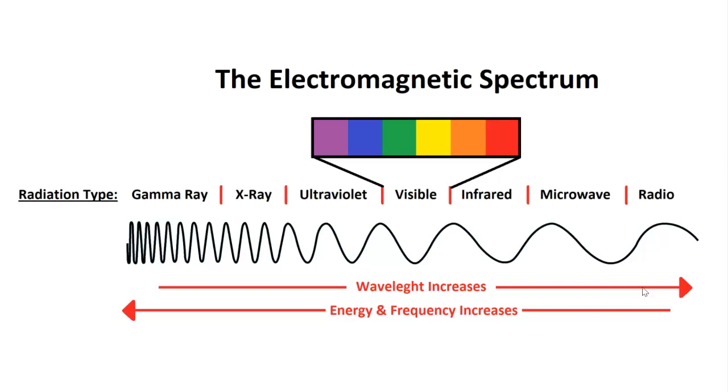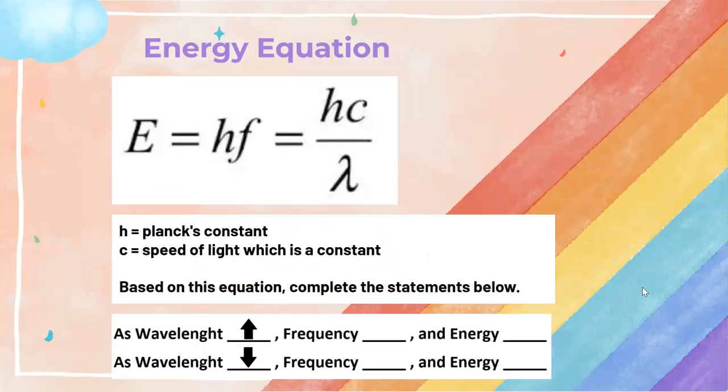After visible light, you have infrared, microwaves, and radio waves. Notice that as you go from highest energy to lowest energy, the wavelength increases. But as wavelength increases, energy and frequency are both going to decrease.